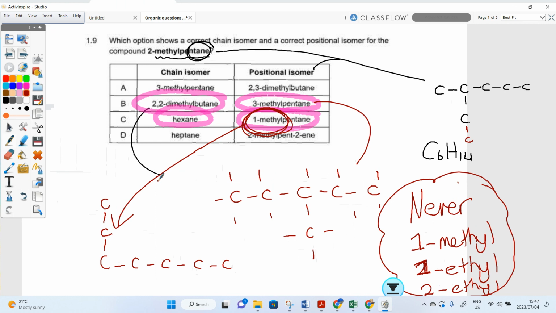So please, for the multiple choice, don't just guess. Figure it out like we did. There's always going to be rubbish. The ones for a position that does not have the same name are going to be the rubbish. So we would have scratched that out. If there's anything that does not have 6 carbons, that would be the rubbish. So this is 5, 6. This is 5, 6. This is heptane. How many carbons does heptane have? 7.